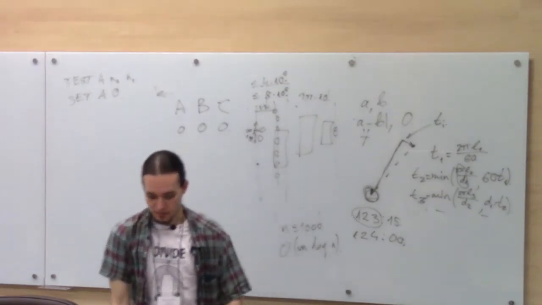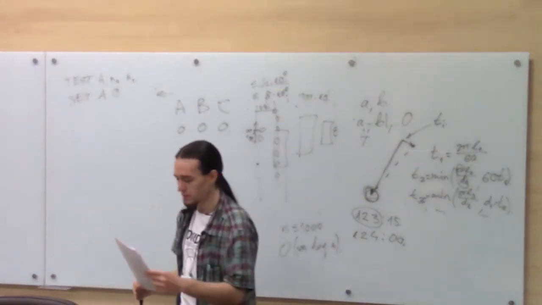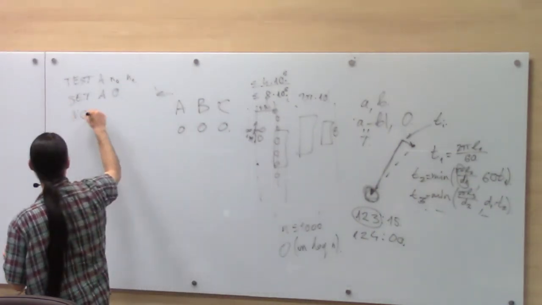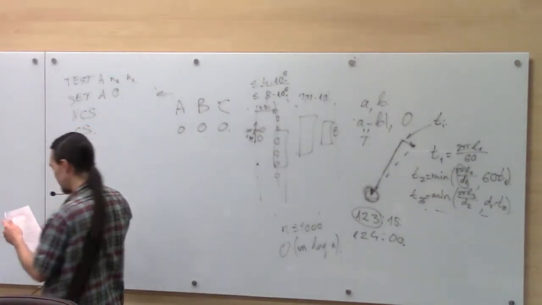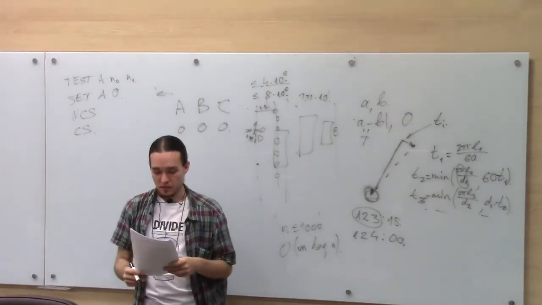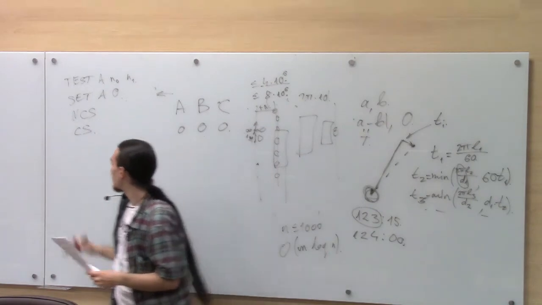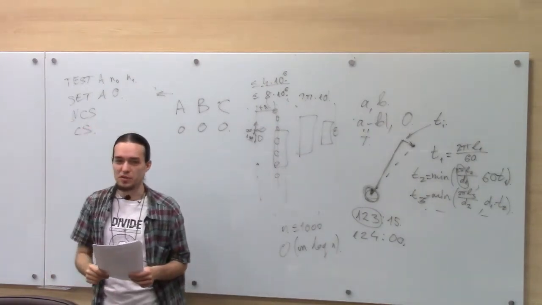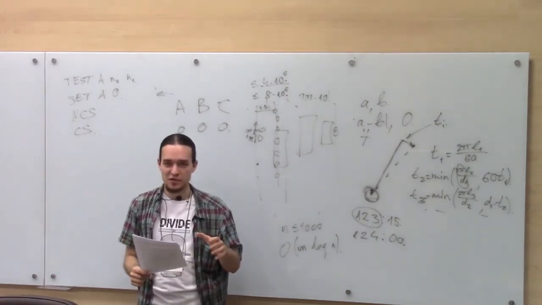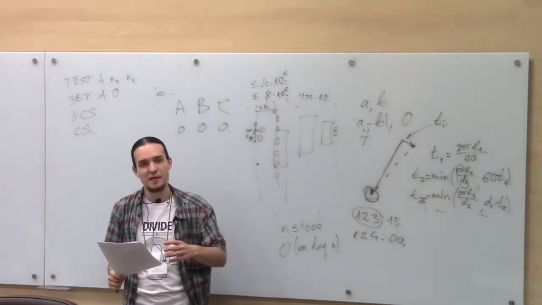But there are two special instructions. One is called NCS and the other one is CS, which really do nothing, but we assume that NCS corresponds to some code that the processor does with its own memory.